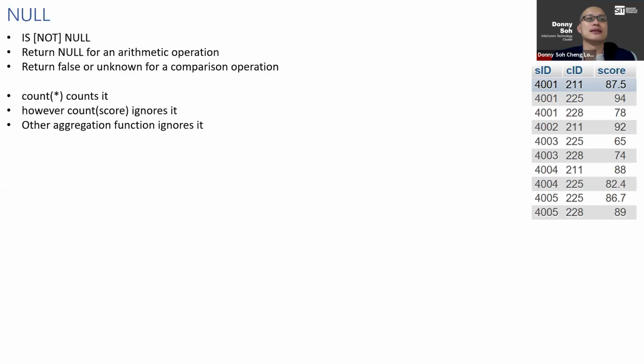The issue is that how the null value is operated on is not very consistent. Some operators count the null value as another row, but some of them ignore it. So we have to be very careful when we're using this. I believe average also ignores it. So sometimes it is being counted, sometimes it's not being counted. So just be a bit wary when you're using the null operator.